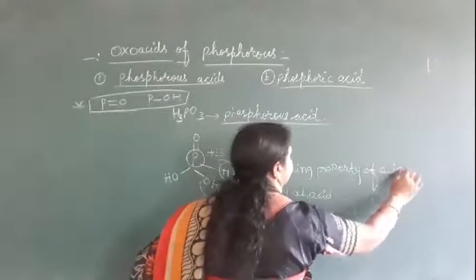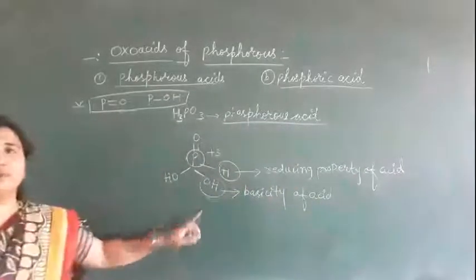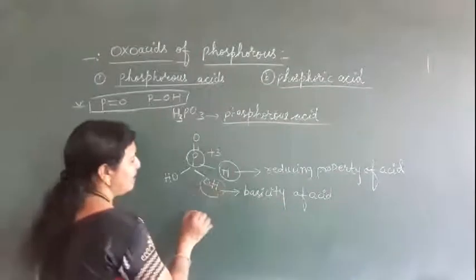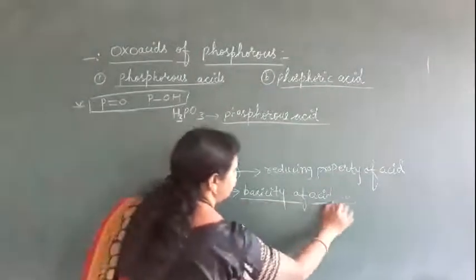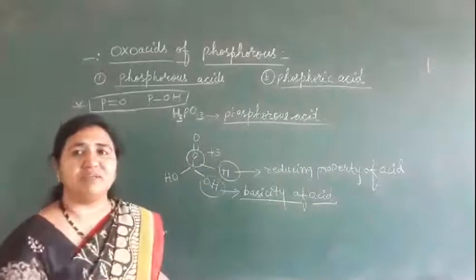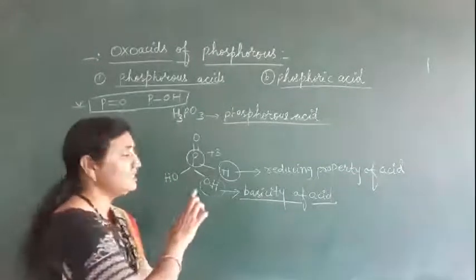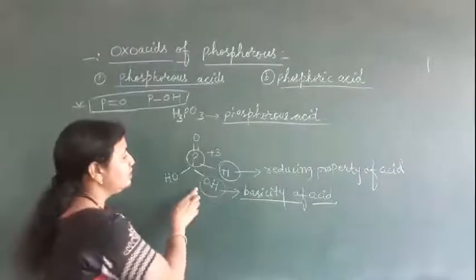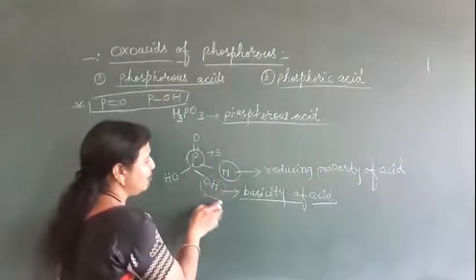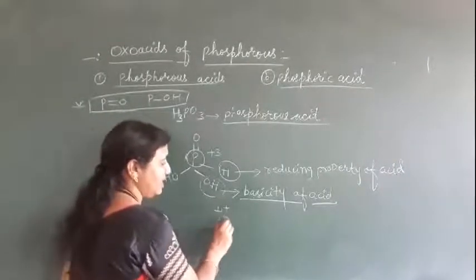Basicity of an acid means the number of H plus ions replaced by an acid. When this acid is dissolved in water, the OH dissociates and gives H plus ions here.